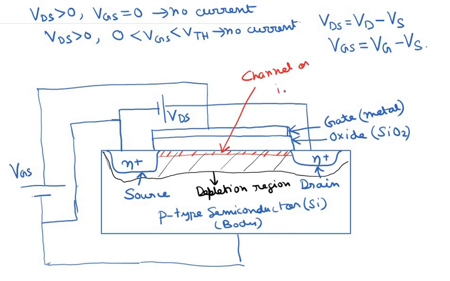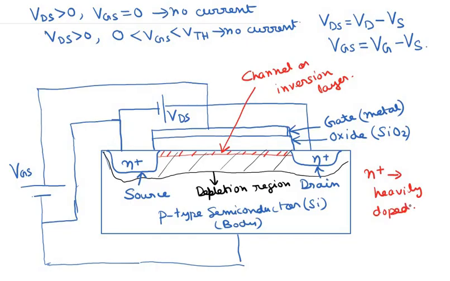or inversion layer, and this inversion layer or channel provides a conductive path between the n-type drain and the n-type source. n plus here means heavily doped n-type region.